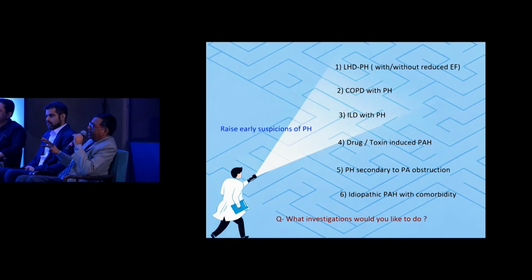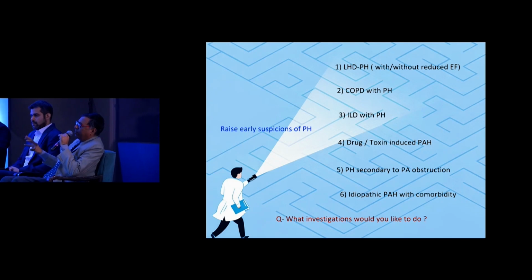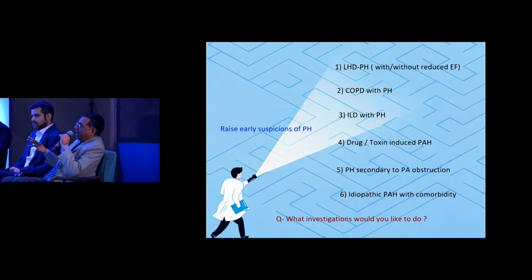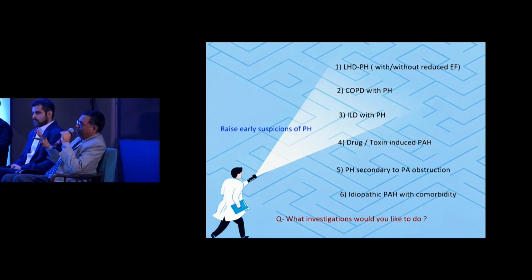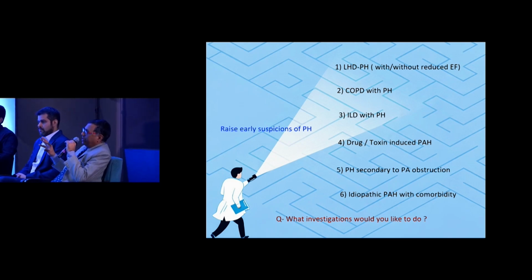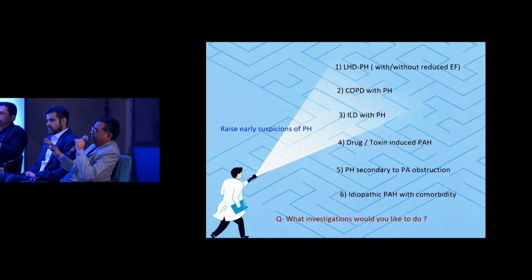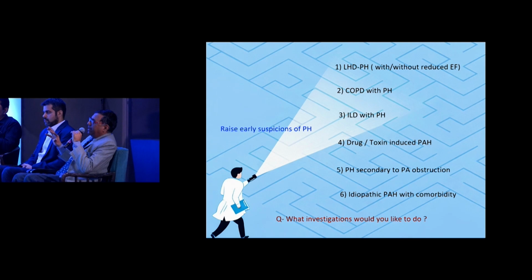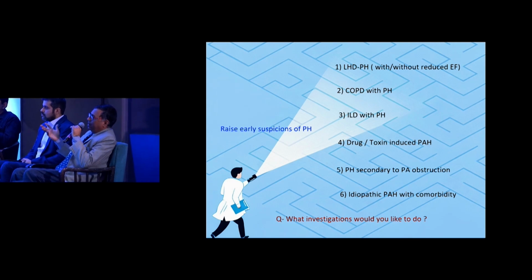At the same time, we can measure the pressure also. NT-proBNP is also very important to look at whether the patient is in left ventricular failure or not. So these tests are important, and then we can think of right heart catheterization.